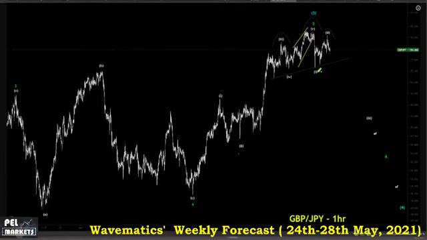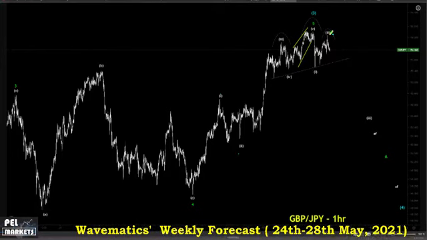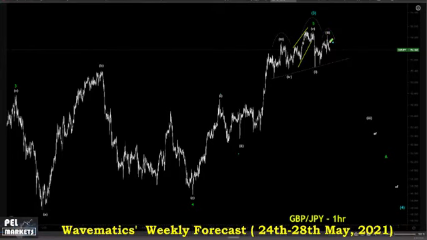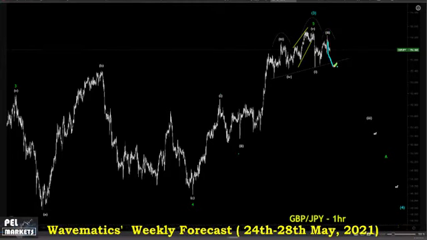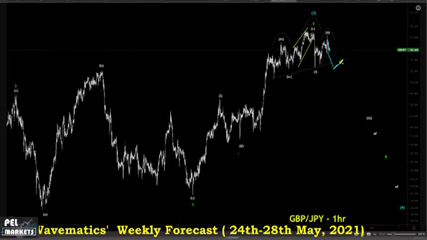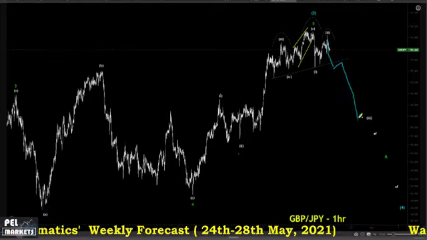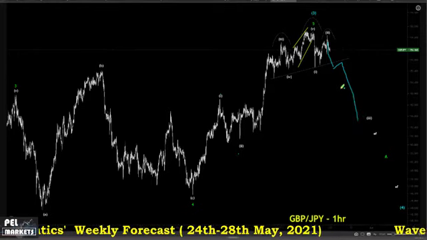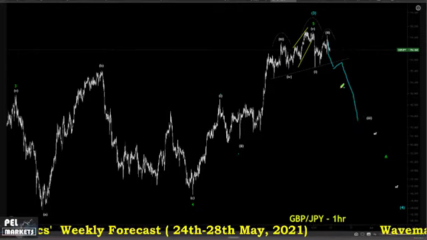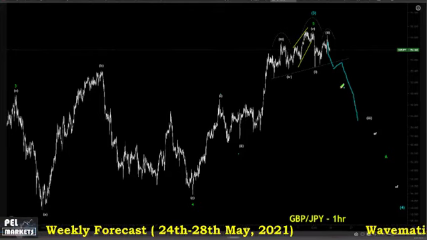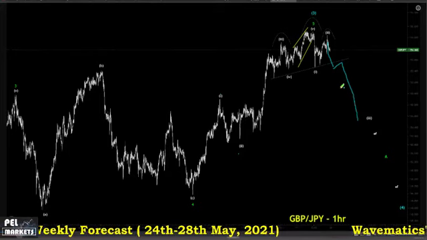Now we've had white wave 1, we have white wave 2. So we are looking for price to break this particular zone, give us a correction, then we are going to sell. Wave 4 can be a zigzag, a triangle, or any other pattern, but we are very bearish now on this particular pair.